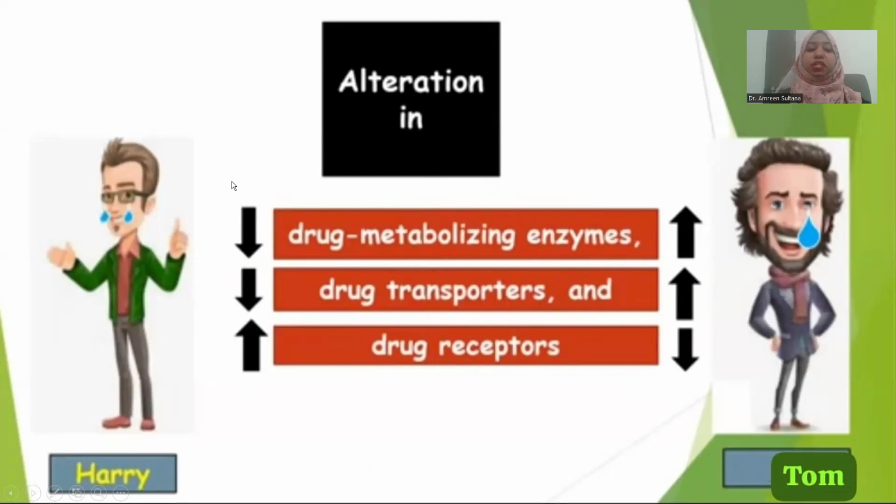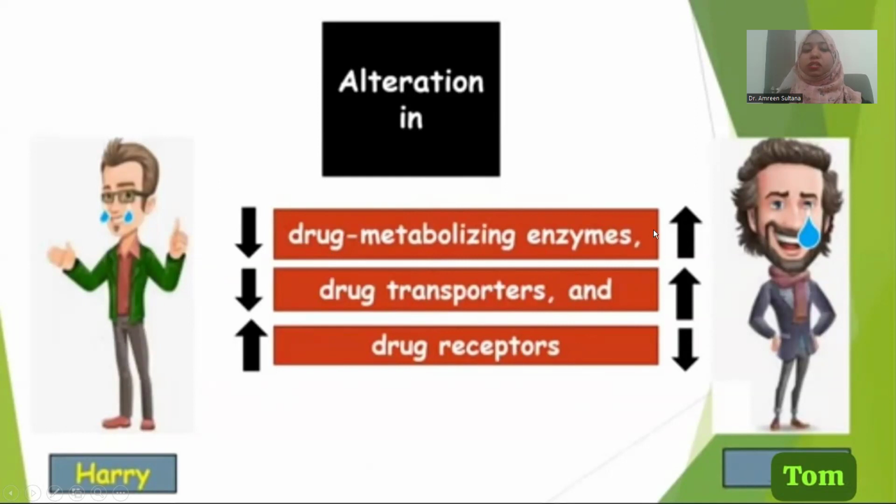So plasma concentration of the drug is decreased, elimination of the drug is decreased, but only the drug receptors have increased. In this case, you can identify that Harry was suffering from hypertension to again hypotension. Okay, now coming to the next, Tom's case.